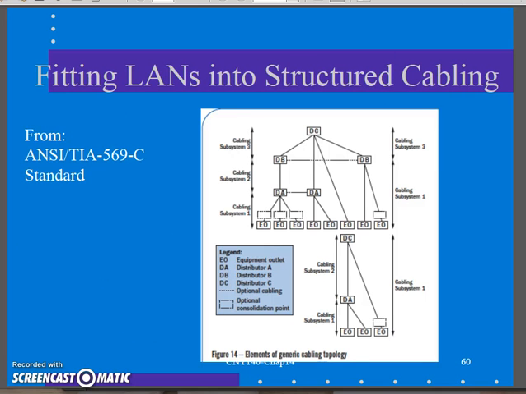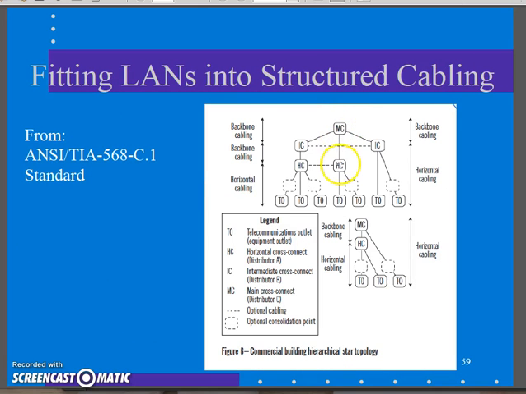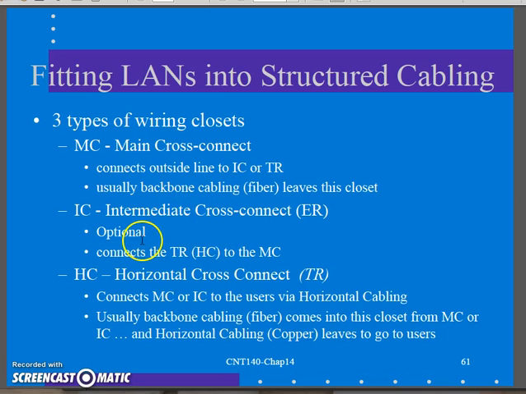So those would be my horizontal cross connects. Here's the main cross connect, horizontal cross connect, and out to the outlets on the wall. The other one they define, which is optional, is the intermediate cross connect. It would connect the main closet to the horizontal cross connect. This might get used in a multi-floor building.